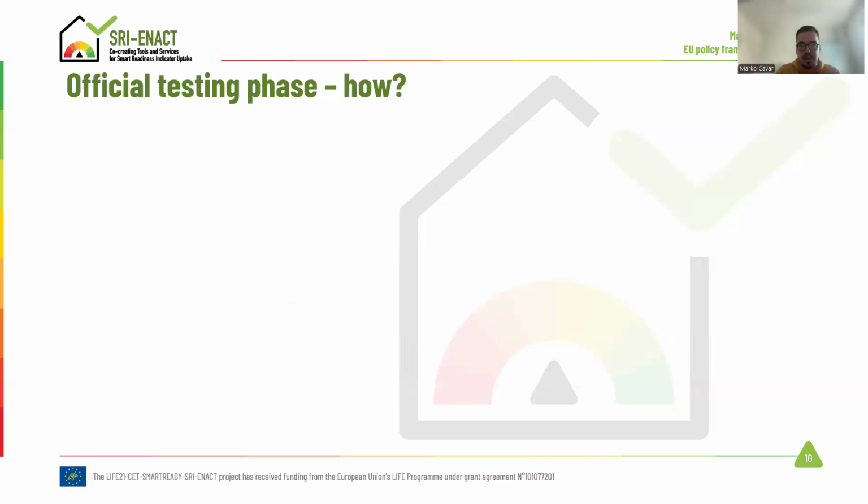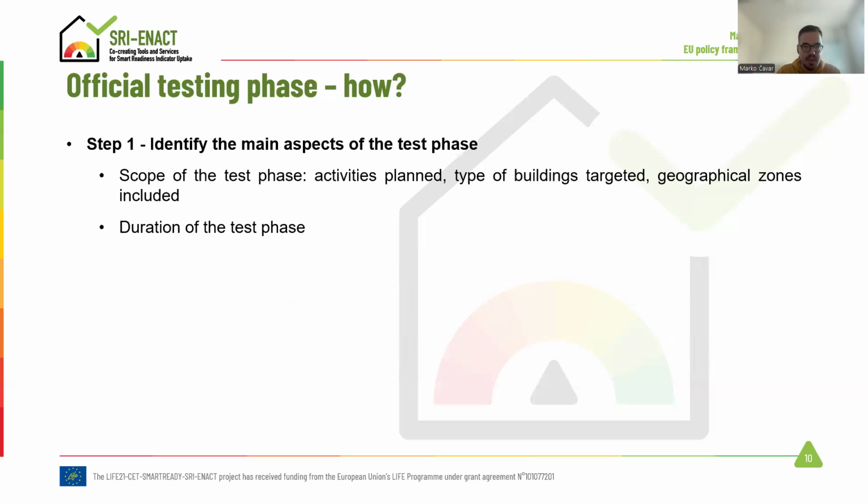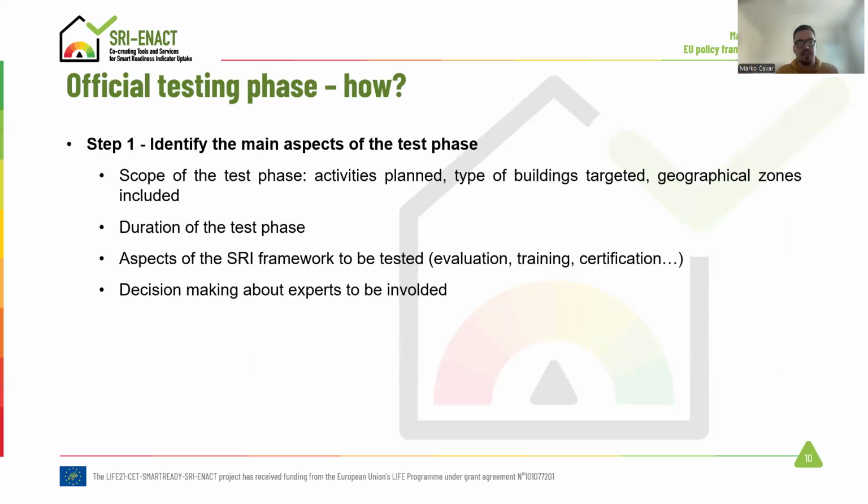So, a slide on how to actually enter this testing phase, which is pretty simple. You need to identify the main aspects of the testing phase. You need to see which activities you will plan, which type of buildings you will target, which zones you will include, because some countries have different geographical zones.